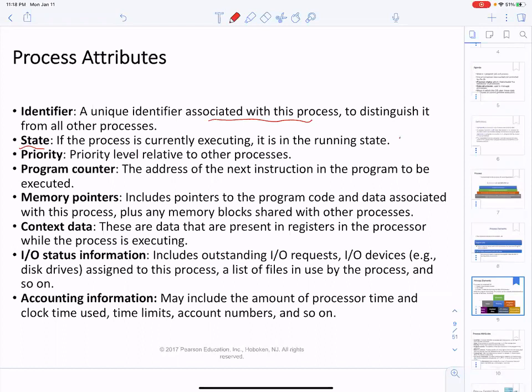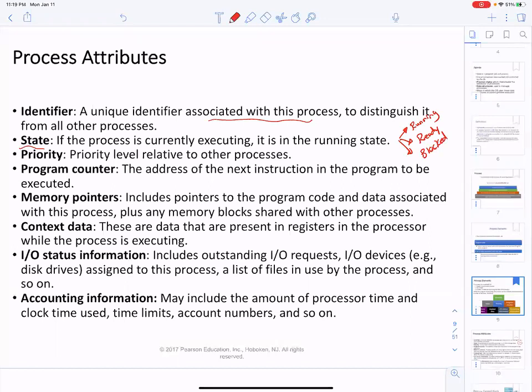So we use this state attribute to describe the state or the status or the condition that describes the behavior of a process. It could be running state, or ready state, or, for example, blocked state.